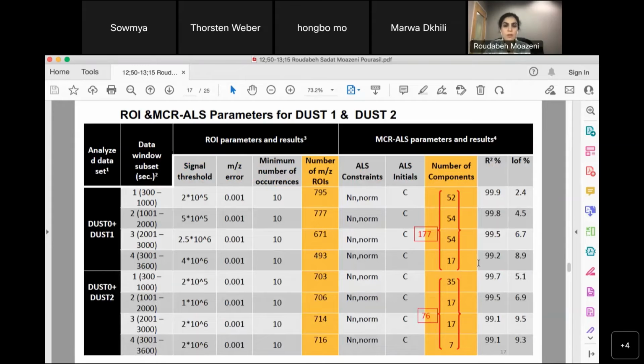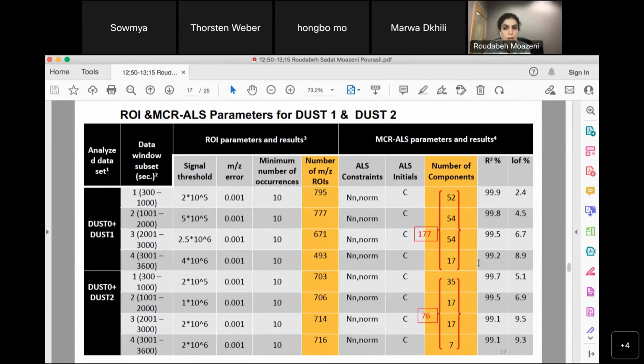As before, first we did a ROI, whose parameters are presented in this table, and the number of resulting ROI values or MZ values are highlighted in yellow. After that, we applied MCR for resolution.